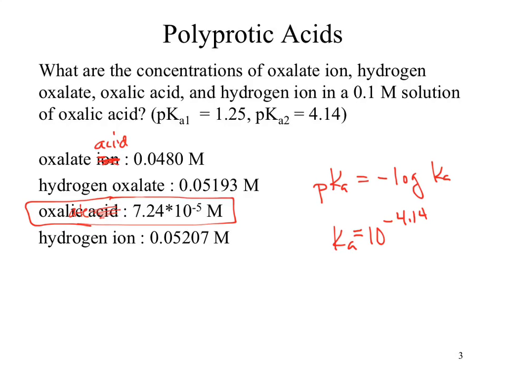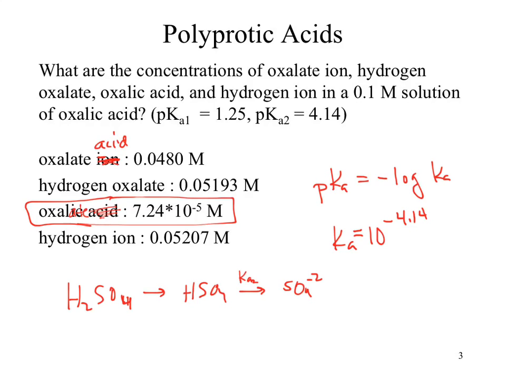So let's say we started with sulfuric acid, and I want to know the concentration of sulfate ion in that solution. To get that sulfate ion, I would need to look at the Ka for step 2.